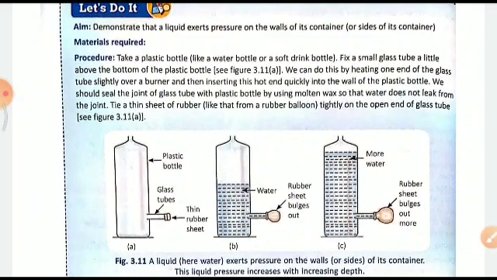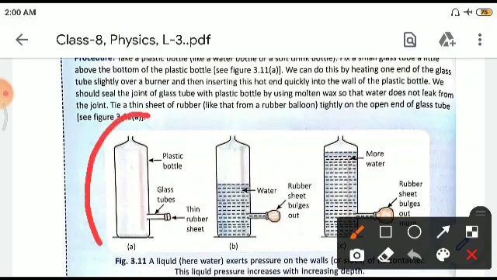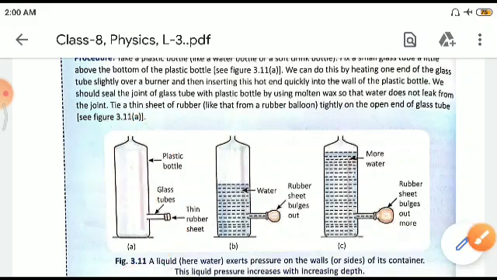We can do this by heating one end of the glass tube slightly over a burner, and then inserting this hot end quickly into the wall of the plastic bottle. See this end here, we have to heat it and then insert it inside the plastic bottle, right.